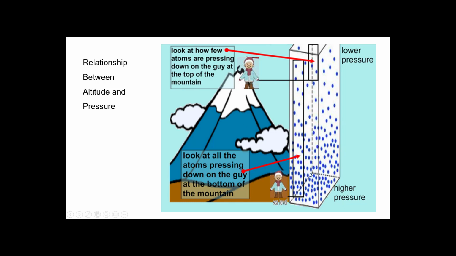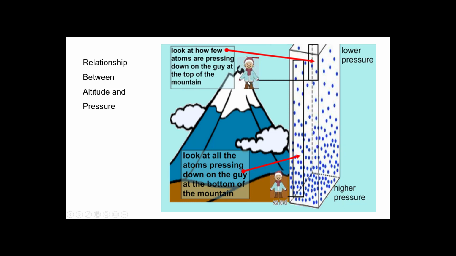At sea level, we have tons of molecules on us. They're bombarding us constantly, but we don't feel it. Now, as you start going up, the air gets thinner and thinner, which means there's not as much air up there, not as much oxygen to breathe and so forth. That's what they mean by the air being thinner. There are fewer molecules as you go up, so there's lower pressure up here.